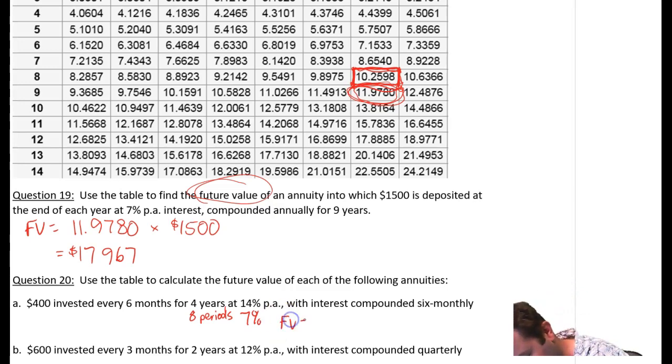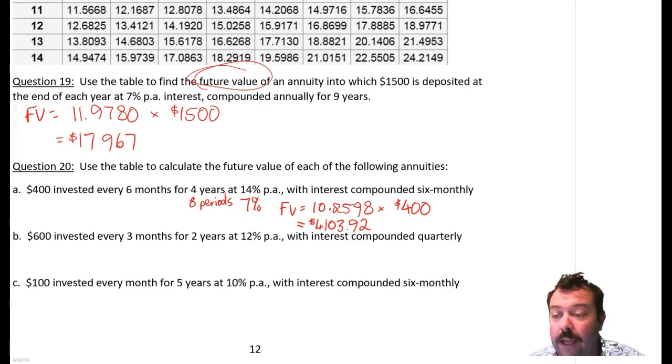The future value is 10.2598 times $400. And you can see that annuity has a future value of $4,103.92.